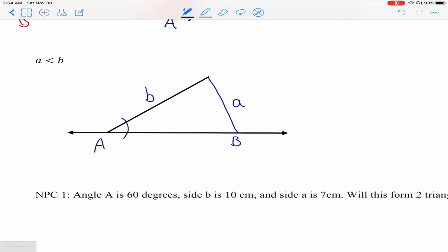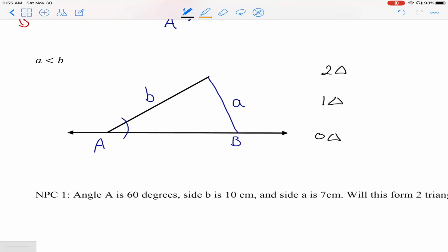In this case we don't know what type of triangle we're going to be forming because we really have to do the calculation to figure it out. And there are three types. One is two triangles, and the other one is one triangle. The last one is zero triangles, meaning no triangle is formed.